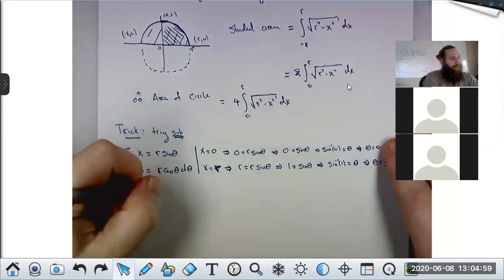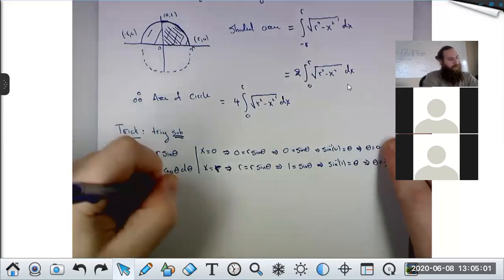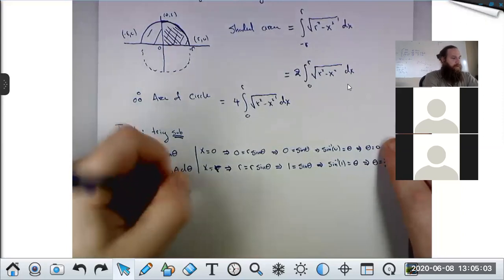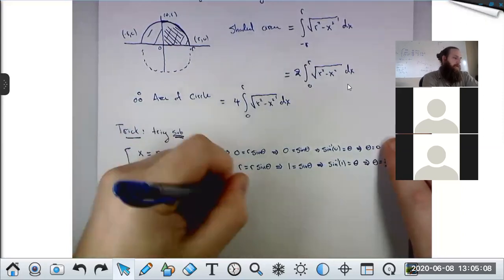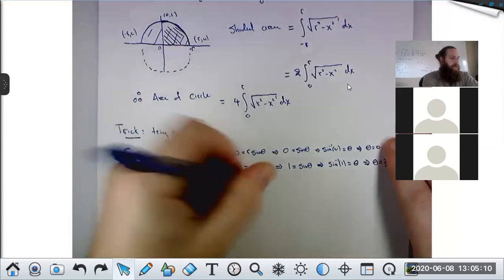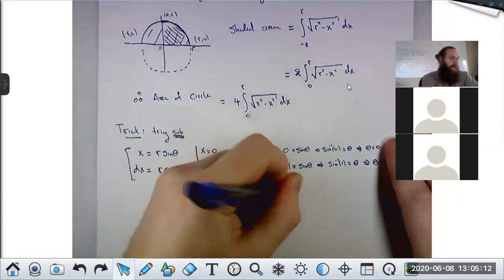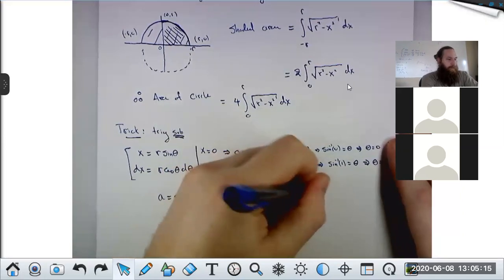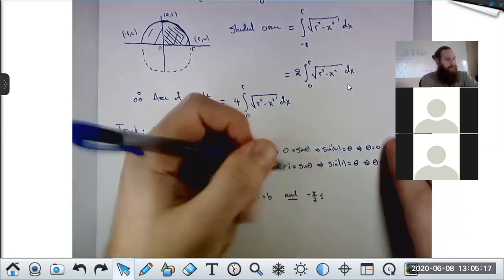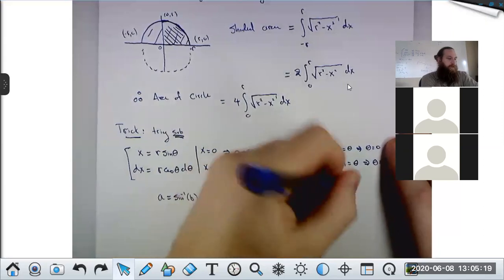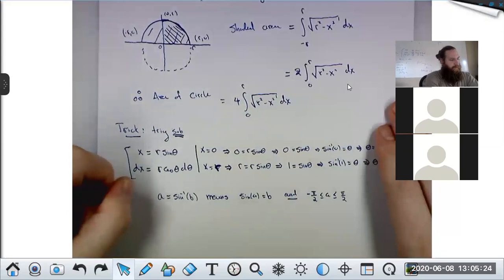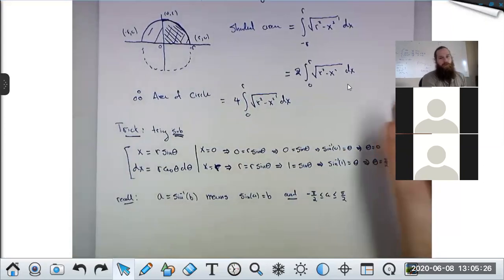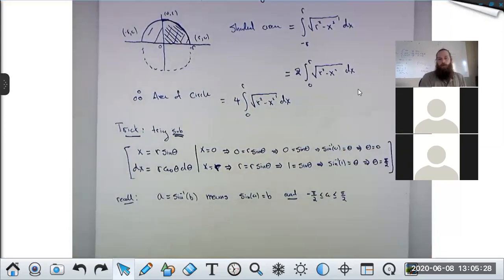So remember, A equals sine inverse of B means the sine of A is equal to B, and this is important, negative pi over 2 is less than or equal to A is less than or equal to pi over 2. So to get through this section, you must know the definition of the inverse trig functions. You have to be comfy with these restrictions.